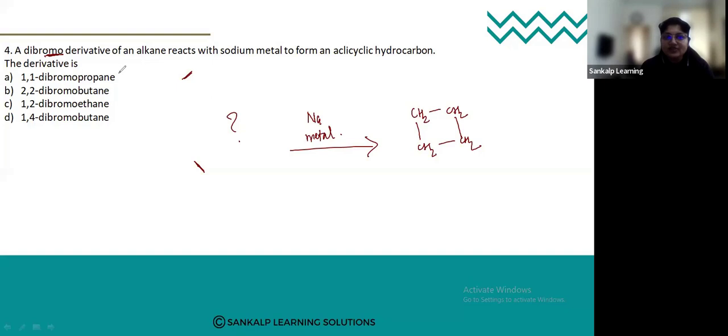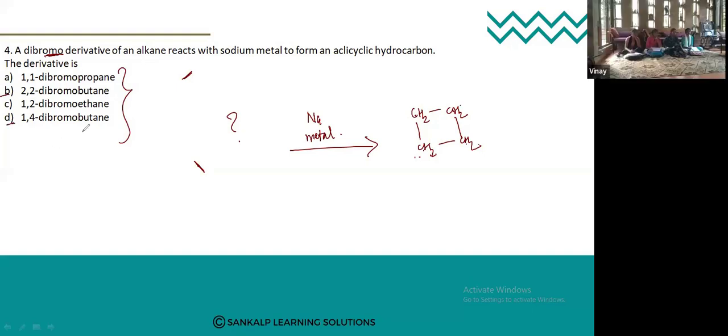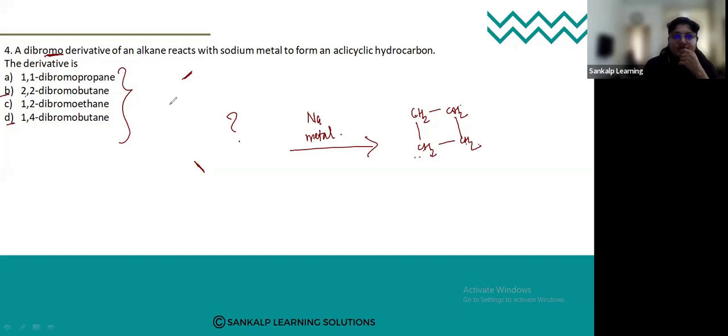Now, in which of the following can you see that the bromo groups are at the terminal positions? It should be a 4 carbon atom compound, it should be butane. So our answer will be somewhere in B and D. In B, you have dibromo at the second position only, and when you have it at the second position, it is very difficult to form a cyclic compound.